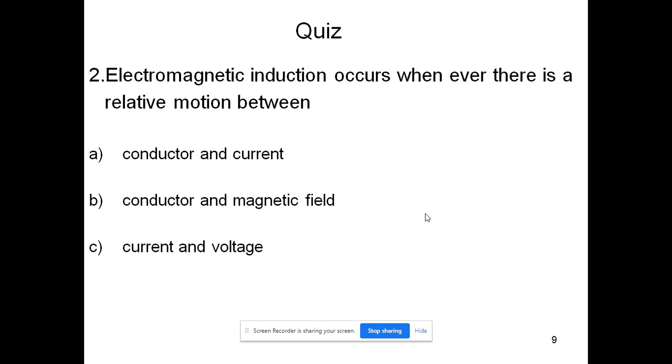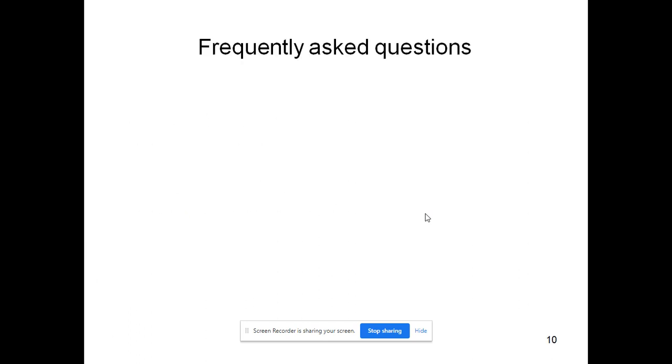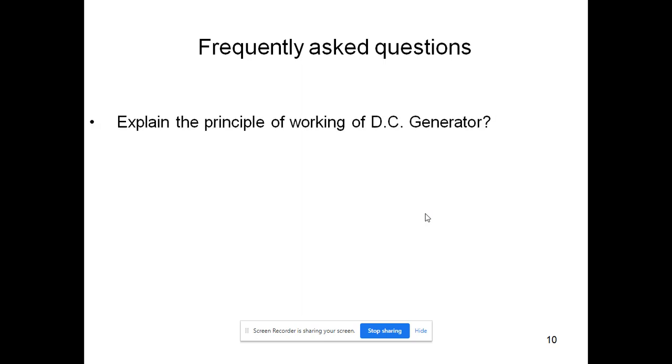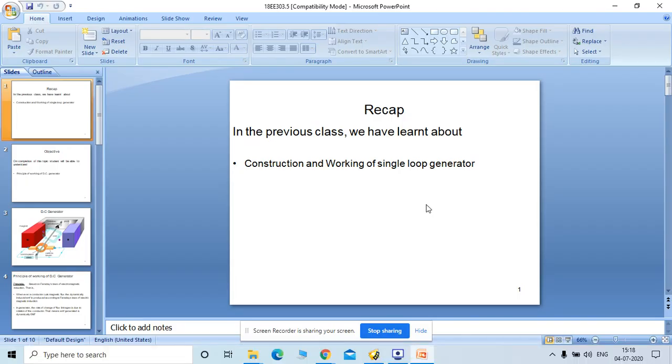If there is no relative motion, then there will be no induced EMF. And the frequently asked question in this topic is the working principle of DC generators.